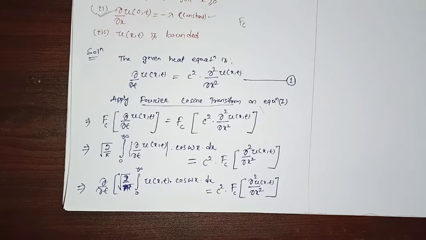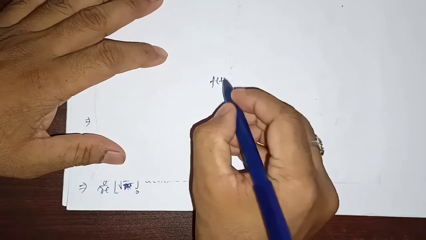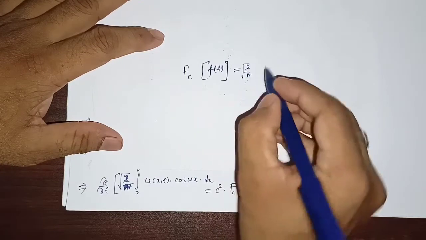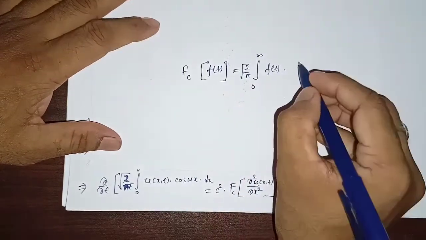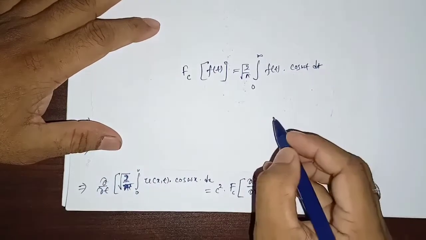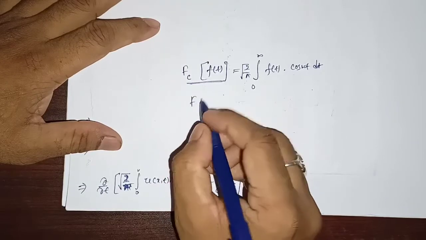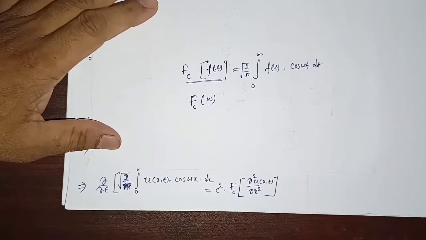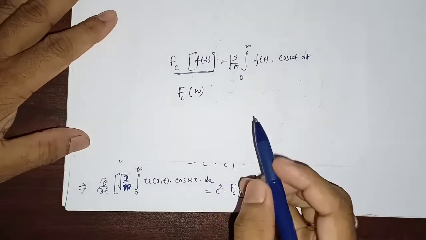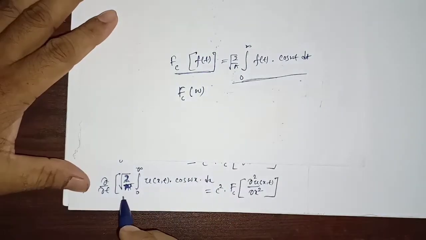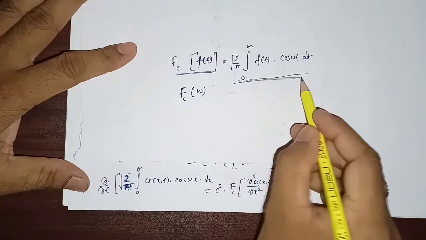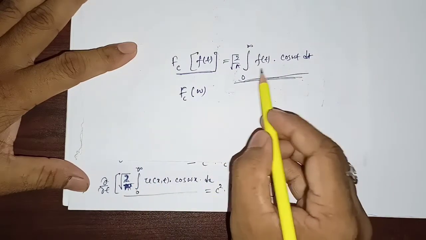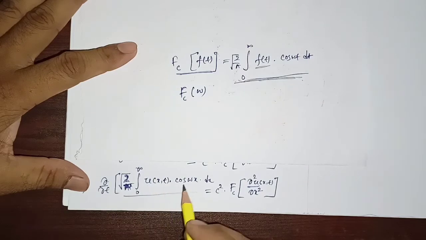You may remember that if we consider a function f(t) and apply the Fourier cosine transform over that, it is written as √(2/π) ∫ from 0 to infinity f(t) cos(ωt) dt, and this is nothing but the Fourier cosine transform F_c(ω). Now compare this one with this one: instead of f(t), here it is u(x,t) cos(ωx) dx.